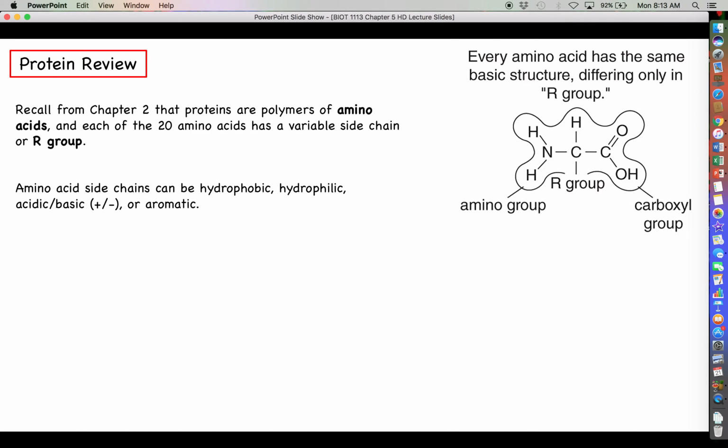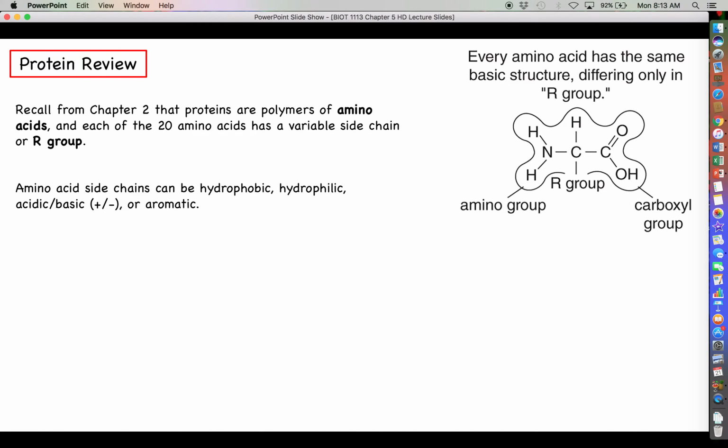So depending on what the nature of this R group is, it can cause the amino acid to either take on a hydrophobic nature, in which the side chain shies away from water. The side chain can be hydrophilic, in which it likes water. The side chain can be either acidic or basic. If it's acidic, it's going to take on a negative charge at a neutral pH.